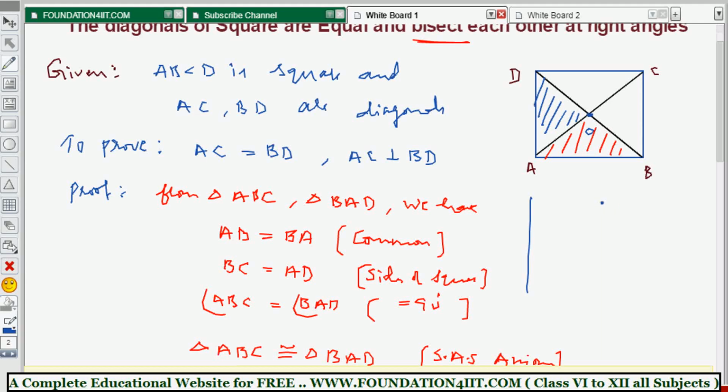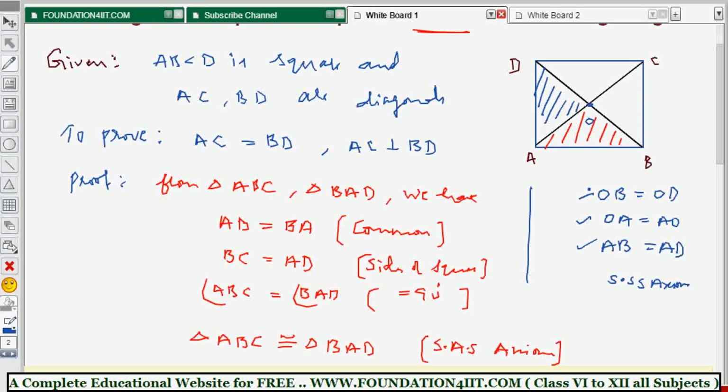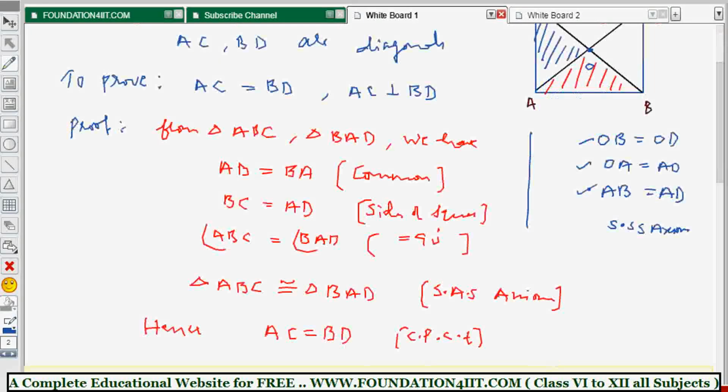I am writing here: OB is equal to OD is one side, and OA is equal to AO, a common side for both triangles, and AB is equal to AD. So this is every side, the side of the square. Side, side, side, so SSS axiom. According to that axiom, these two triangles are congruent. That means AOB and AOD, right?